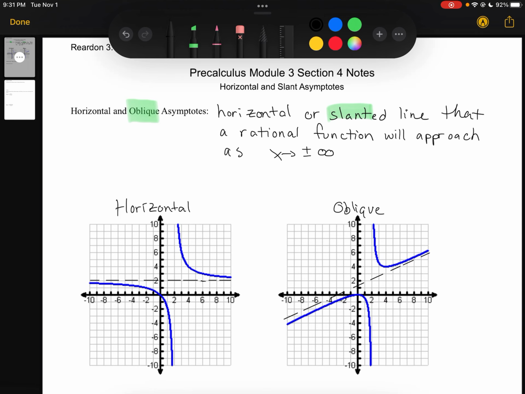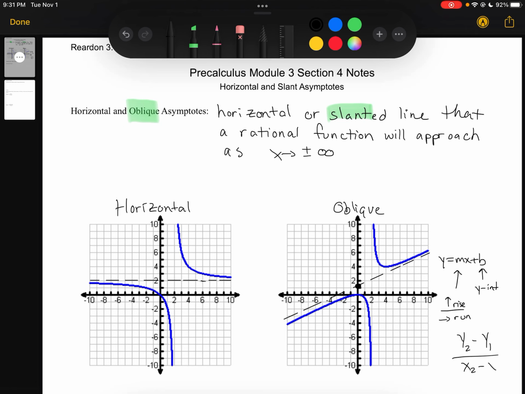Now, the nice thing about this is an oblique or a slanted line is something that we're really familiar with. In fact, we've been doing it for a really long time. It's just y equals mx plus b. So remember that your b is your y-intercept. So that is just where we cross the graph. So in this case, it looks like it's somewhere in the range of 1. And we'll be able to calculate that a little bit more clearly. And then for your slope, this is going to be your rise over your run.